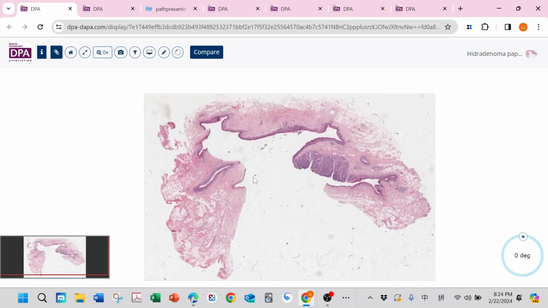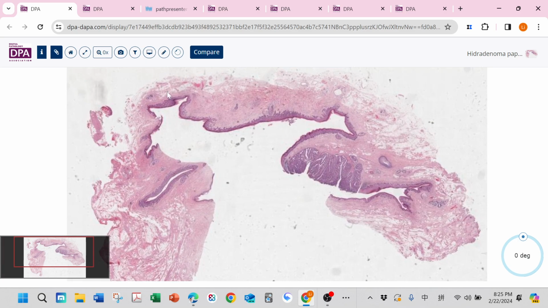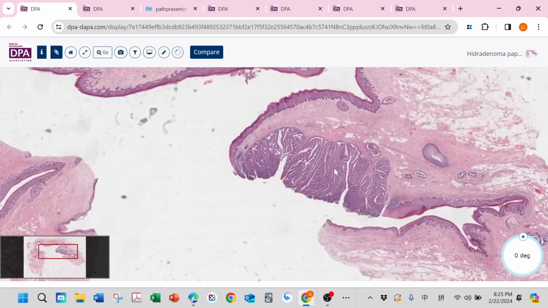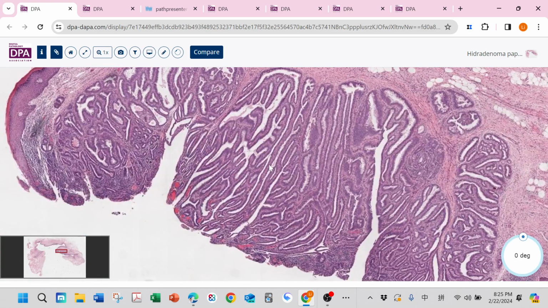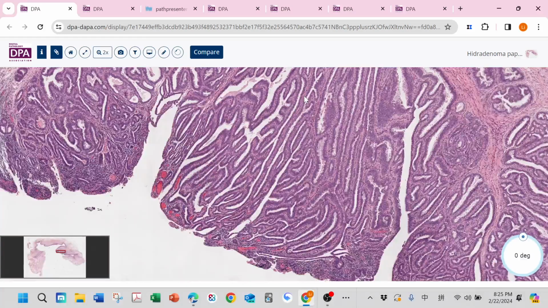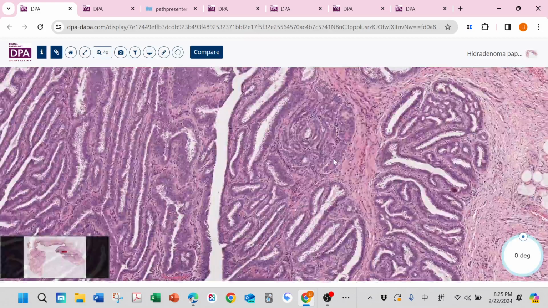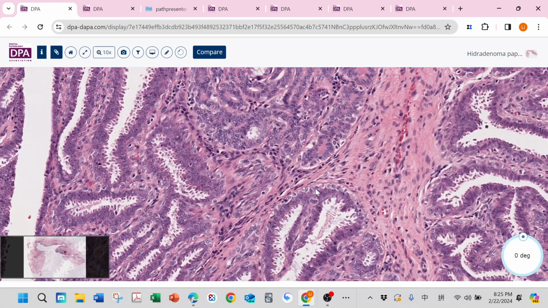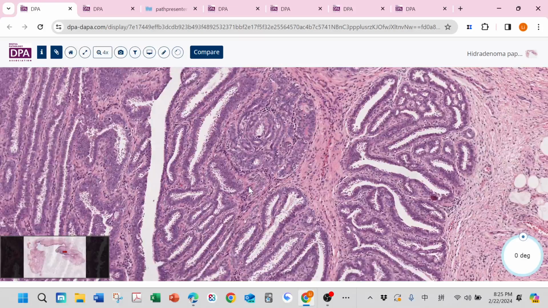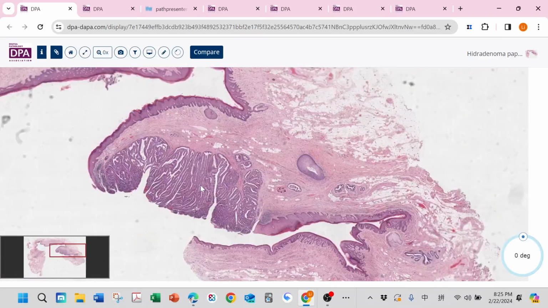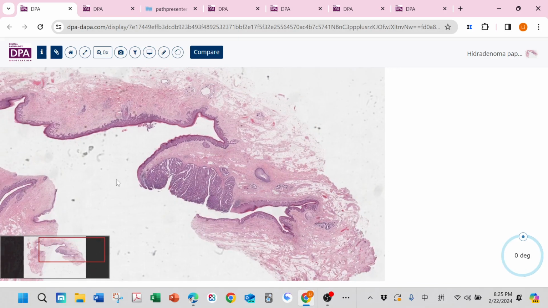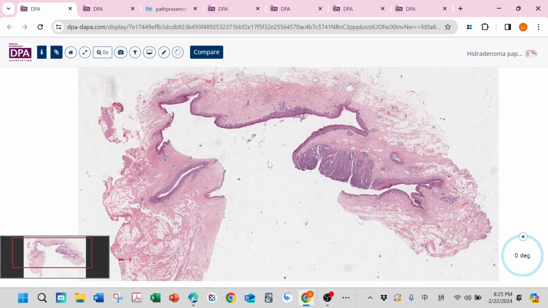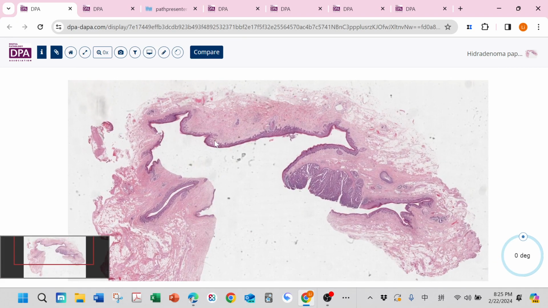This is another one, but this is kind of broken. We can still see, if we can get the whole thing, this maze-like structure, and then the two-cell layer forming this duct, epithelial cell and myoepithelial cell. So this is another good one for Hidradenoma Papilliferum.